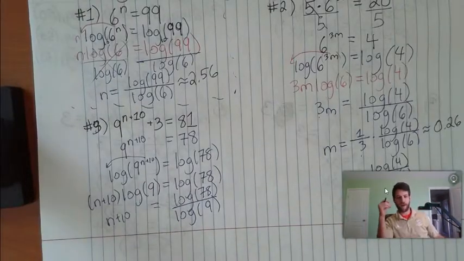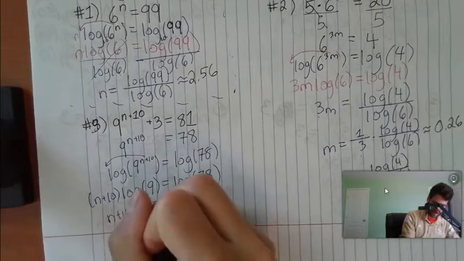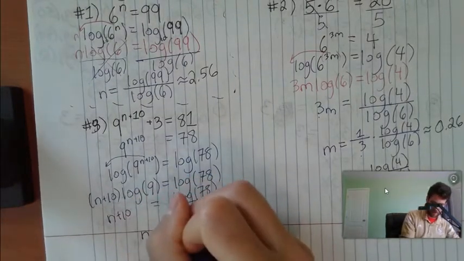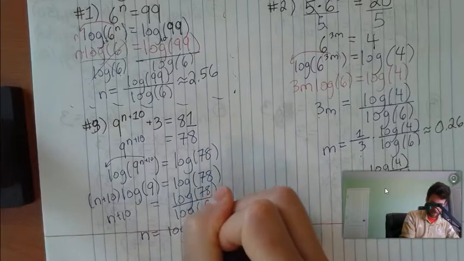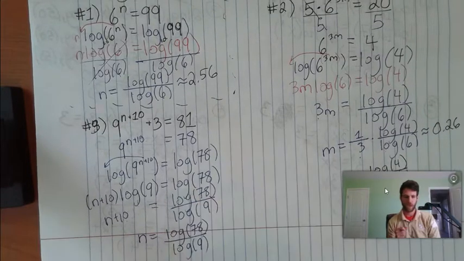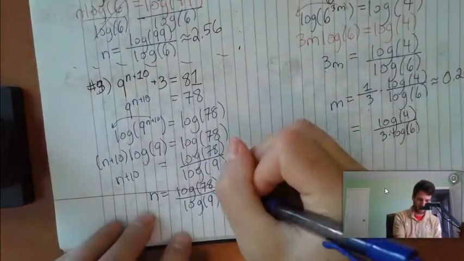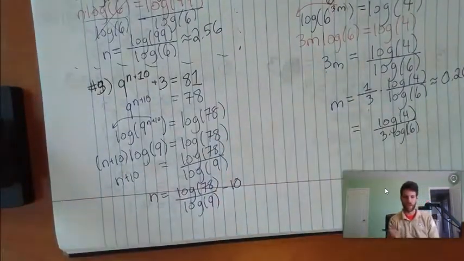And so we have almost the answer. We just have to get rid of this 10 right here by subtracting 10. n equals log of 78 over log of 9 minus 10. And so we have a result that we would just need to subtract 10 from to get the answer.